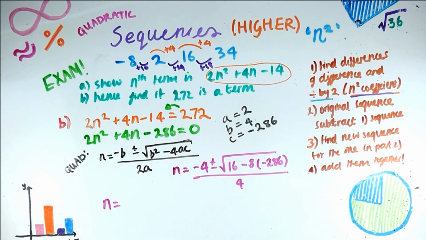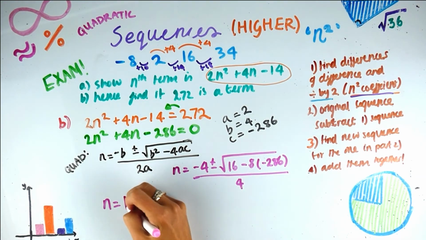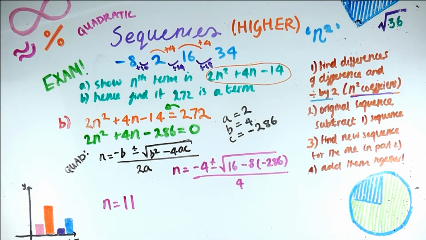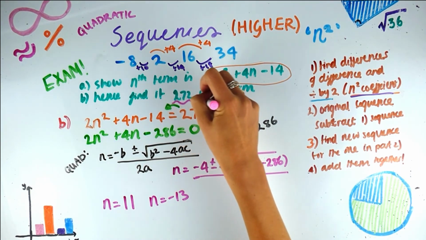I'm going to do the plus one first and get back to you. The answer when I take the plus value is n equals 11, so that's looking very promising. Let me just do the minus value, and I get n is equal to minus 13. So the question is, hence find if 272 is a term in our sequence.